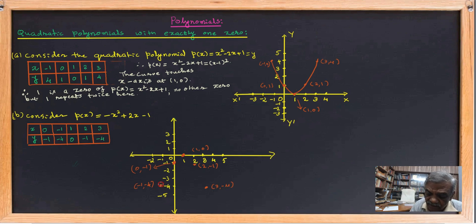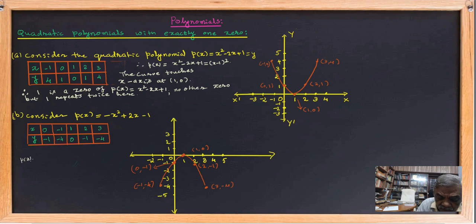So, as in the earlier case, you can join the points by a suitable curve, and that curve opens below here.